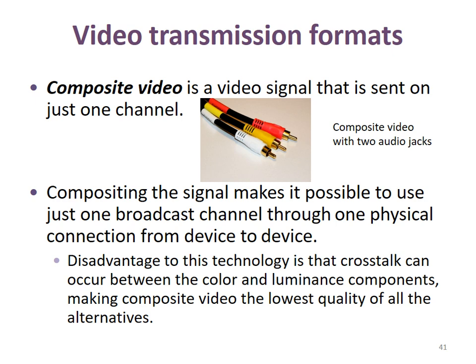But the disadvantage of this technology is that crosstalk can occur between the color and luminance components, because we have luminance and chrominance components within one line, the yellow line. So because of crosstalk, the information affects each other. This makes composite video lower quality than all the other alternatives.